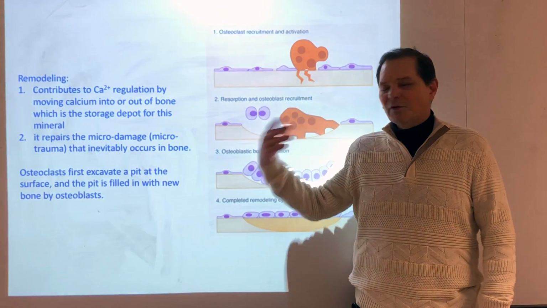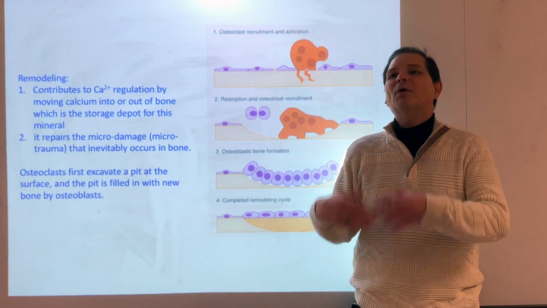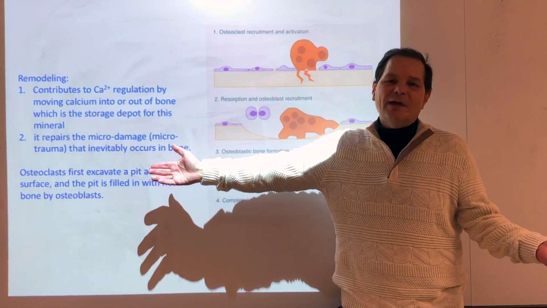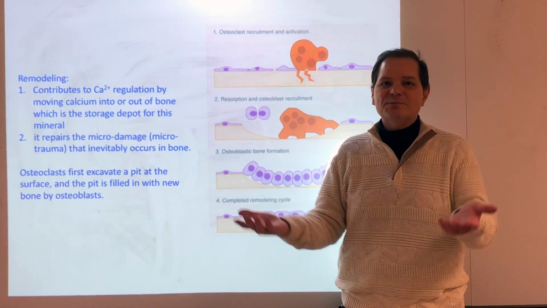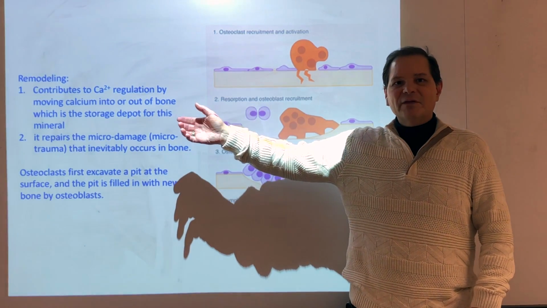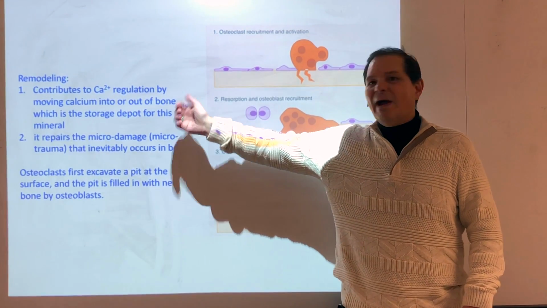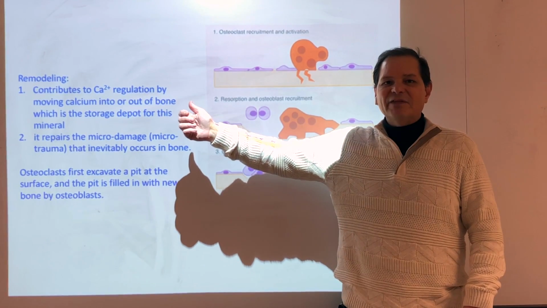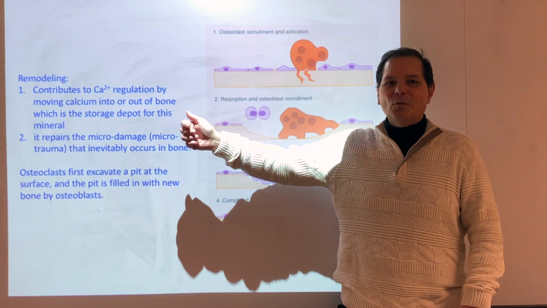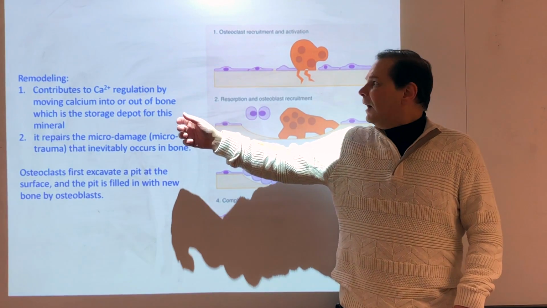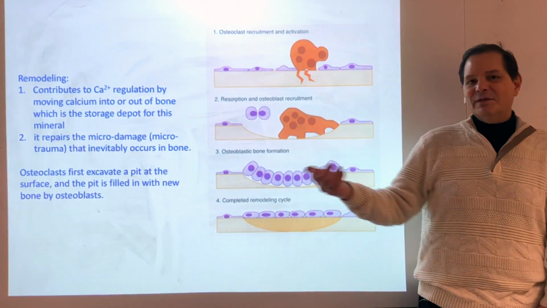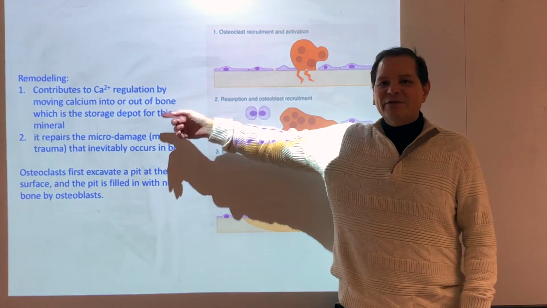If you're breaking down bone and then forming it back up, you're breaking down bone in areas where there's micro damage, naturally enough, and so you're reforming fresh bone and repairing that damage as you go along. At the same time, as I emphasized in the first video in this series, if you alter the balance between the osteoclasts and the osteoblasts, you can shift things toward breaking down more bone than you're making as you're turning it over, and then you can increase serum calcium.